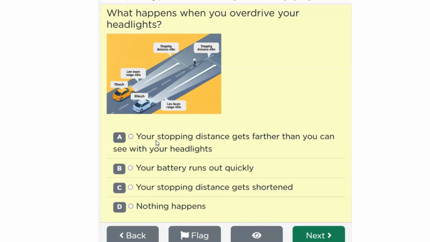No, something happens. I think it has to be this because the lights will confuse you, I guess. Your stopping distance gets farther than you can see with your headlights.